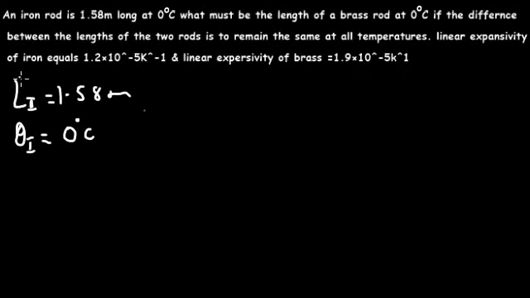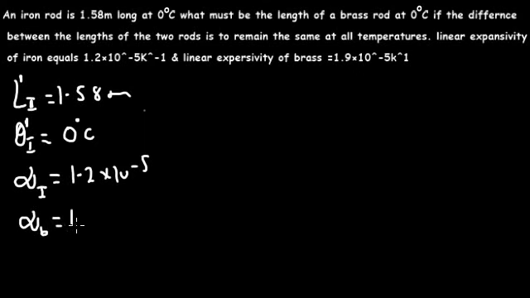Now we are given the linear expansivity of iron, that's equal to 1.2 times 10 to the power of negative 5. We're also given the linear expansivity of brass to be equal to 1.9 times 10 to the power of negative 5.